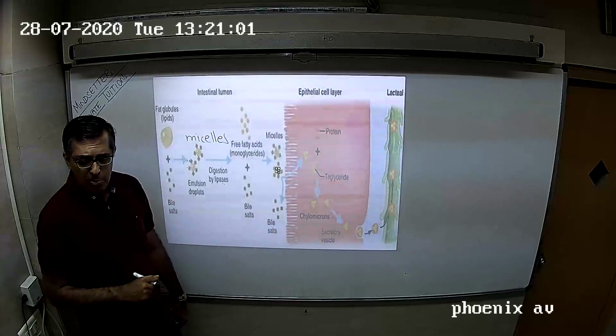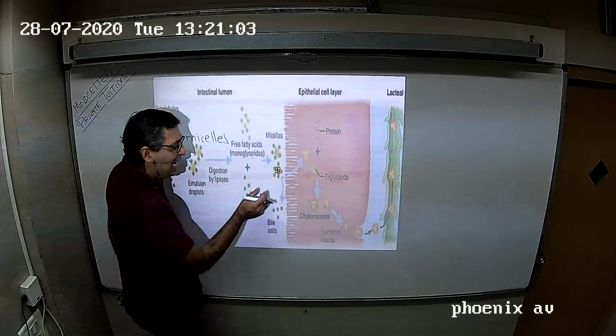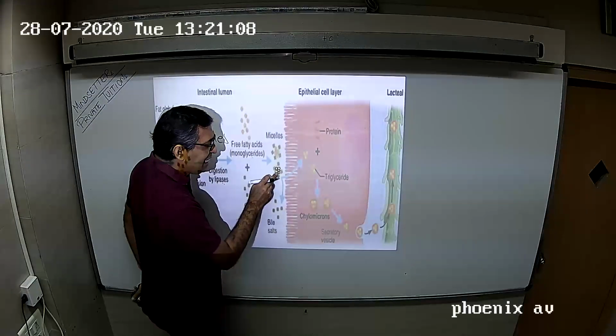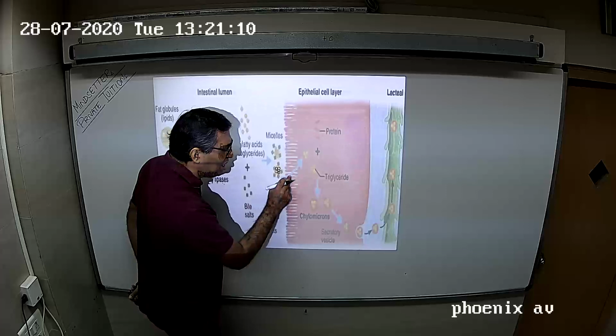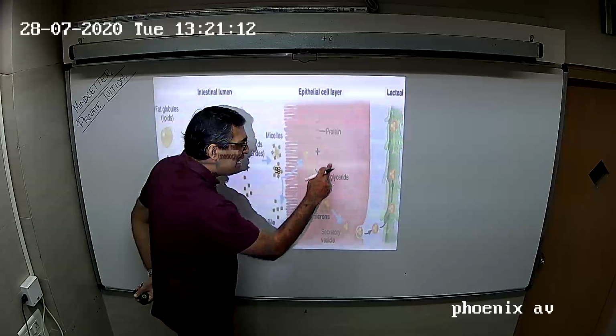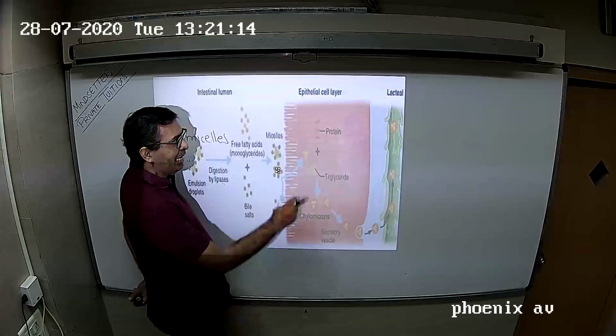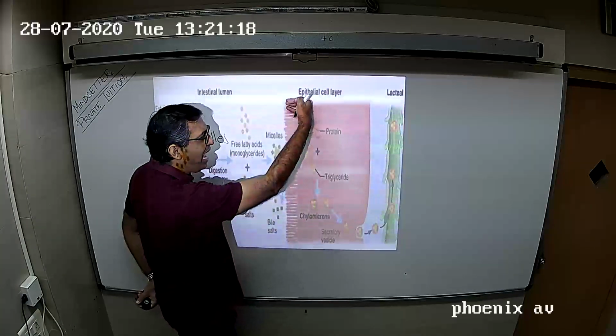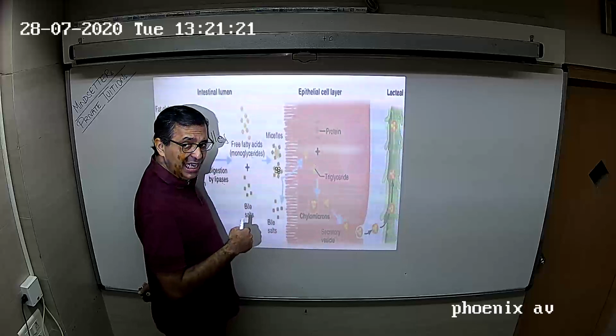तो ये वापस micelles कहा जाता है, and bile salts transport these glycerol molecules into the cells of the intestine, epithelial cell layer. If you remember, these are villi and they will have microvilli. Are there all of you?